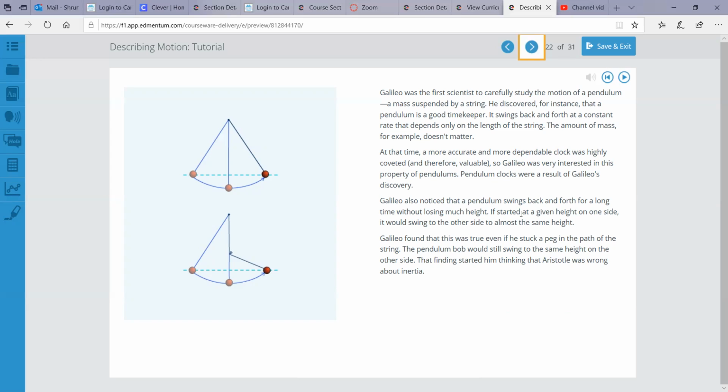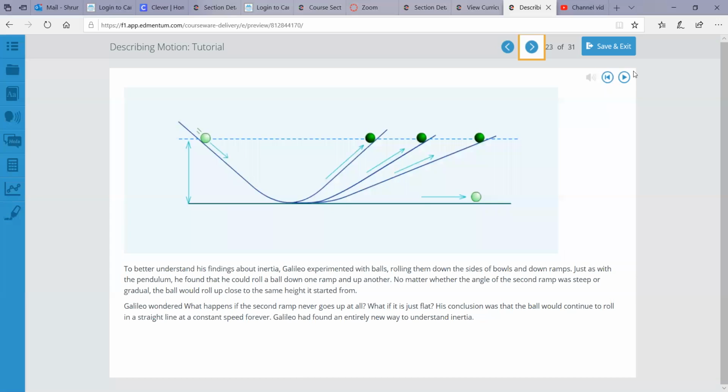He found that this was true even if he stuck a peg in the path of the string. The pendulum bob would still swing to the same height on the other side, even though there was a peg. So the findings started getting his brain thinking that Aristotle was probably not correct. Poor Aristotle.